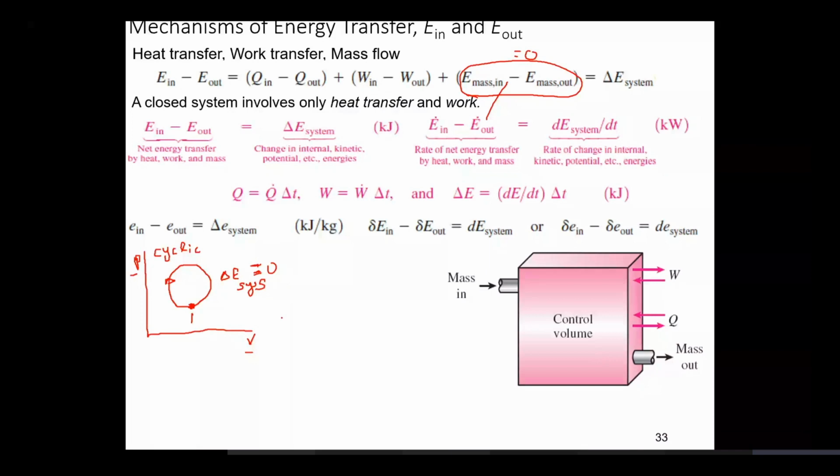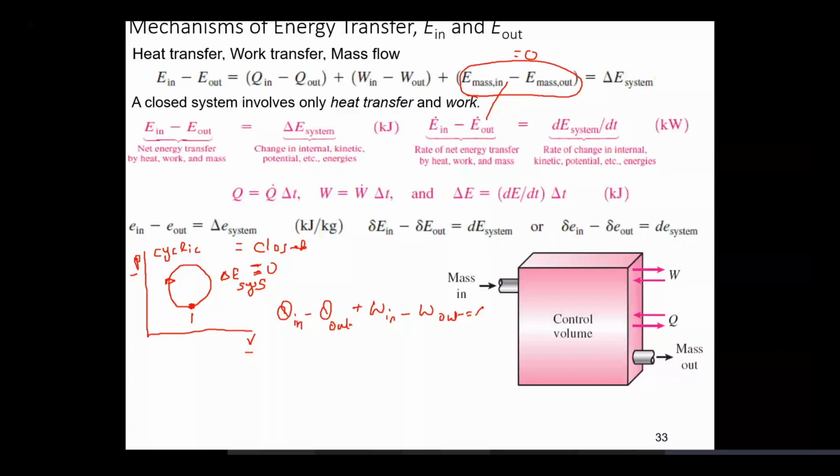If I write for a cyclic process, which is for a closed system, the energy balance equation would be what? Q in minus Q out plus work in minus work out is equal to the change in energy of the system. And the change in energy of the system would be what for a cyclic process?